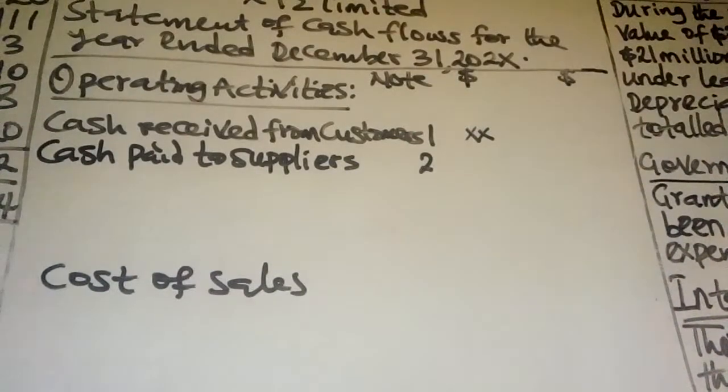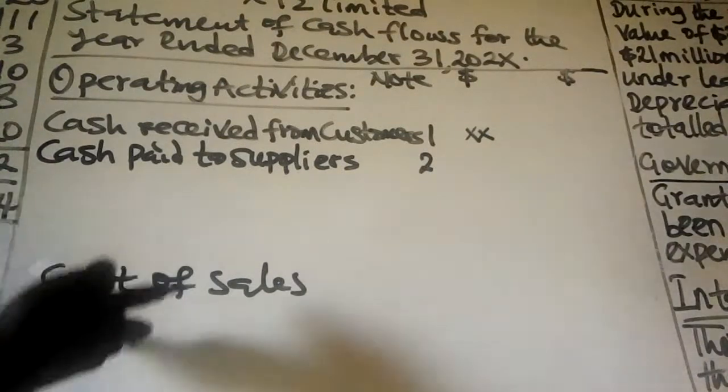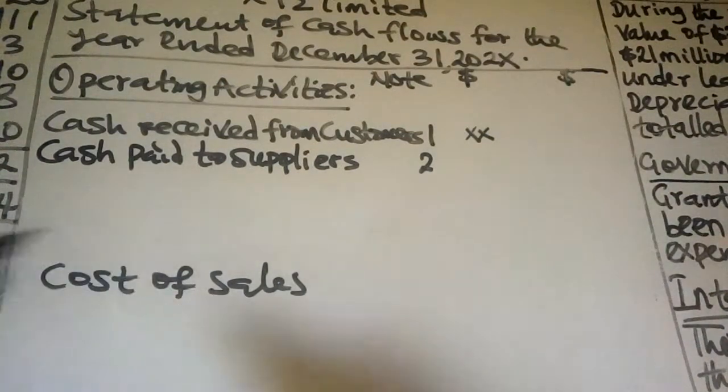This is your cost of sales. Your purchase is part of the cost of sales. What you need is not the cost of sales, but the purchase. So you will need to work back your cost of sales to get your purchases figure for the period.